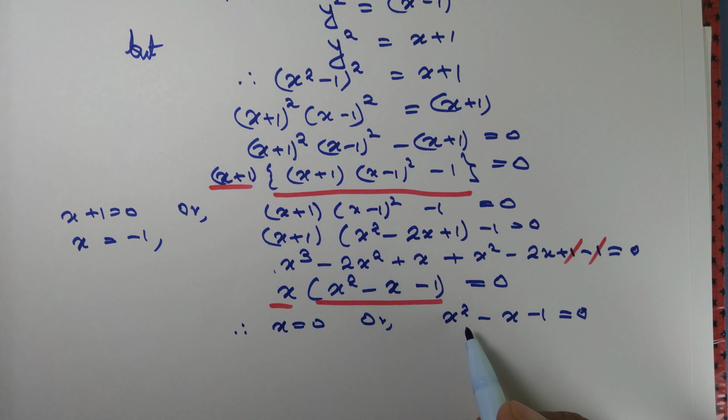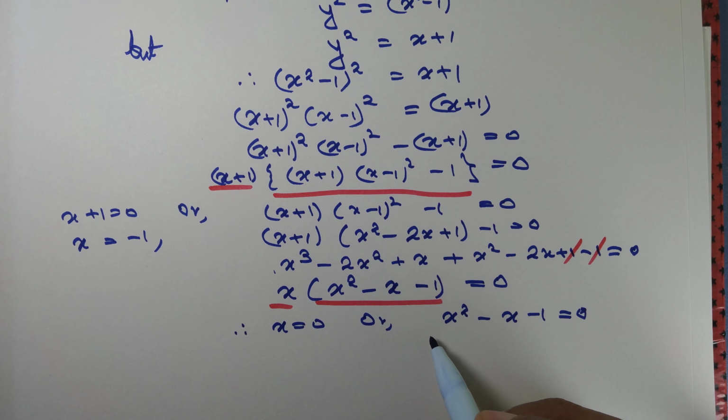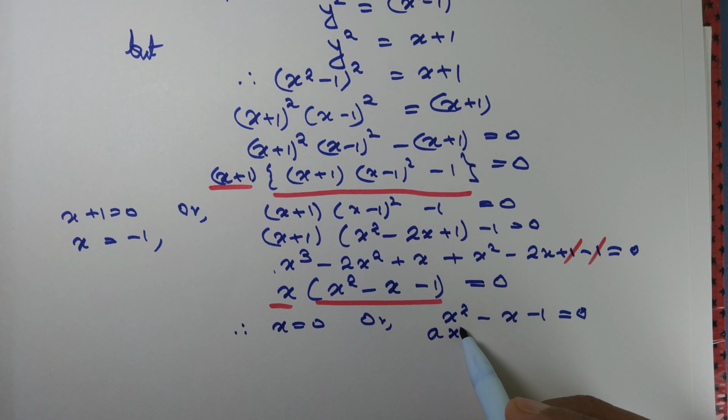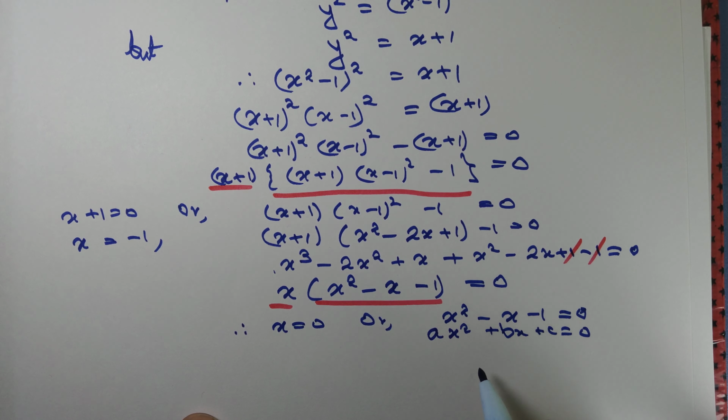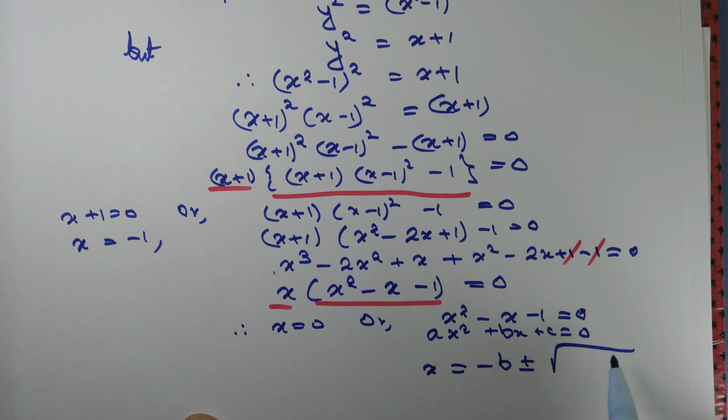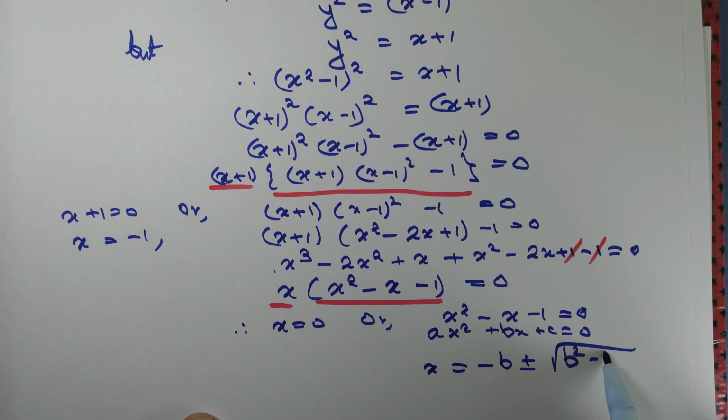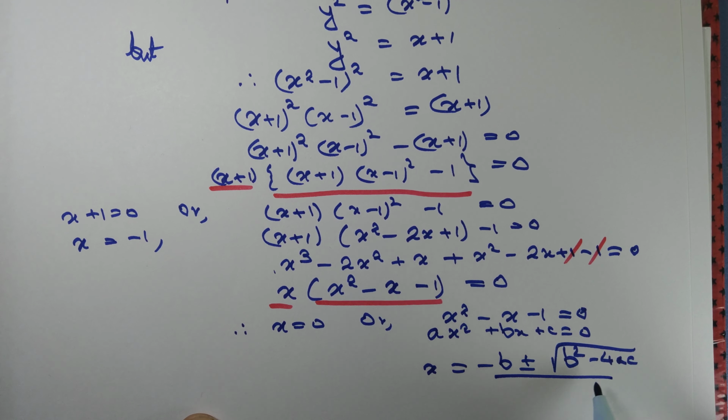Now if x² − x − 1 = 0, that's a quadratic equation of the type ax² + bx + c = 0. So roots are given by x = (−b ± √(b² − 4ac)) / 2a.